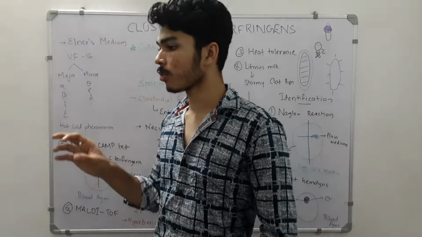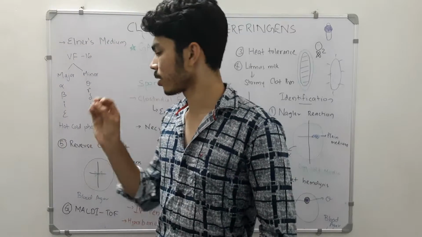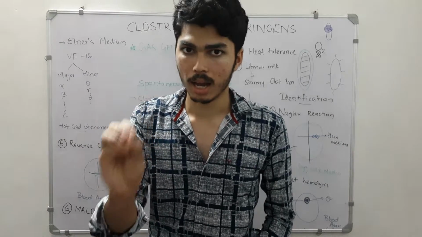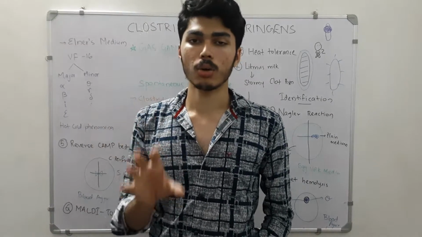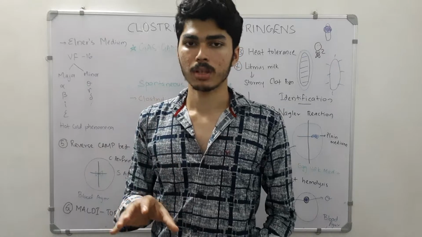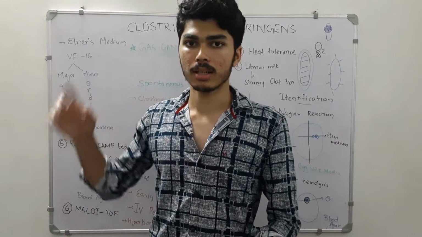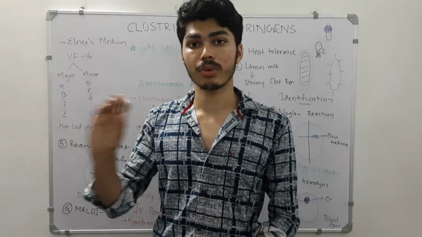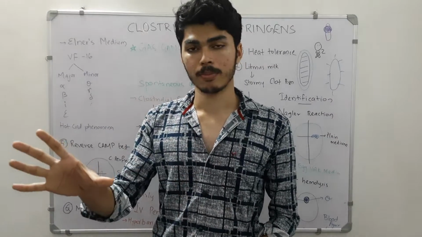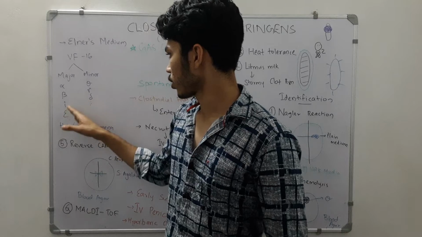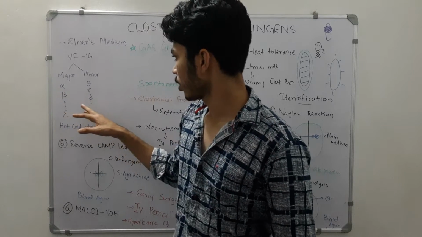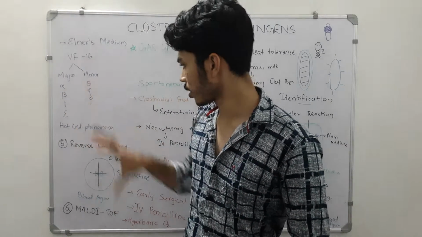By the spectrum, some will produce beta toxin alone or iota toxin, or a combination of these. On that basis we have classified this Clostridium perfringens into 5 groups, A to E. So that's about the virulence factors.